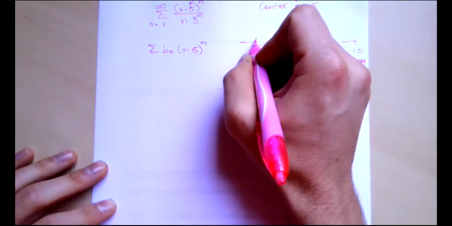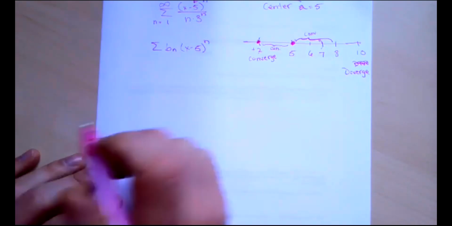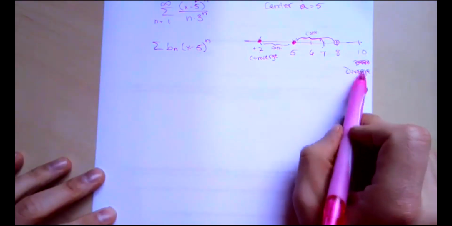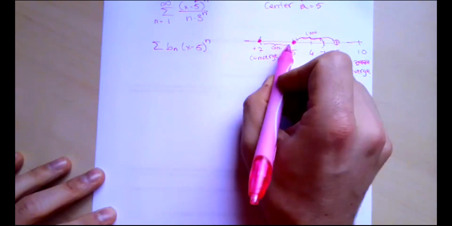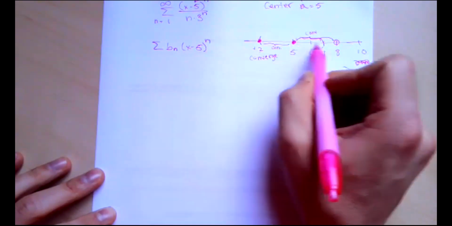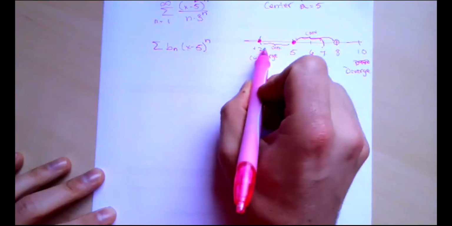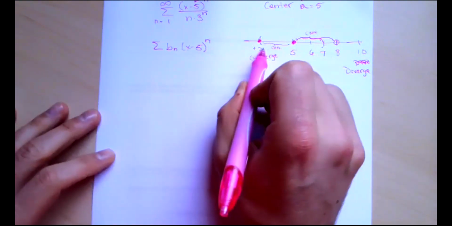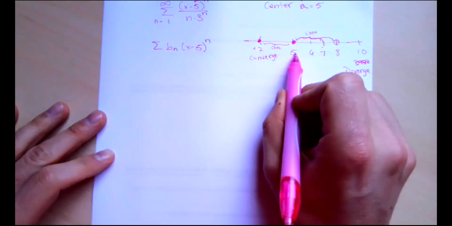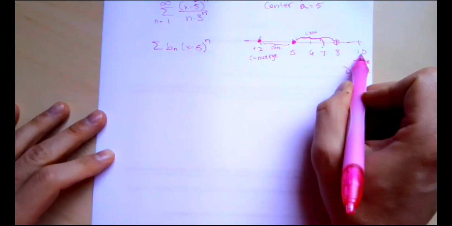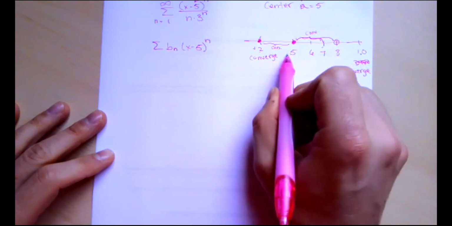So it could converge at 2, but at 8 it could converge or diverge. We're not sure. At 10, I already know it diverges. So I know the radius could be bigger than 3, but I know that the radius of convergence is 5 or less.